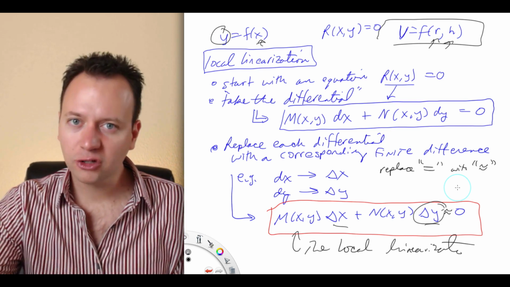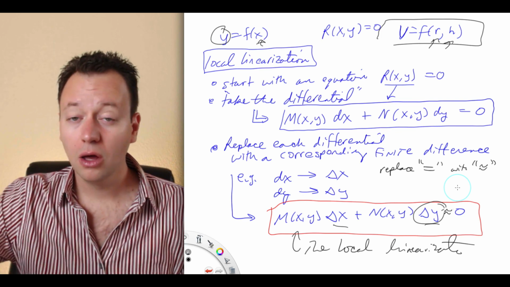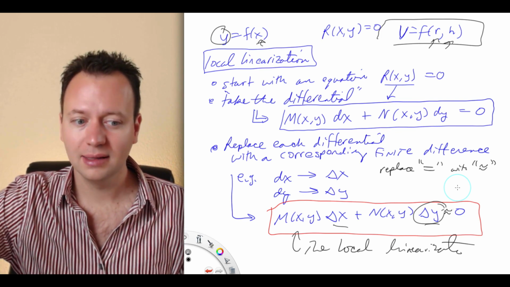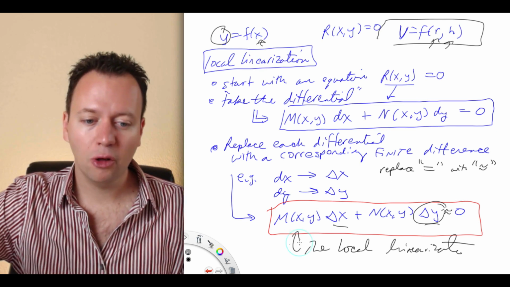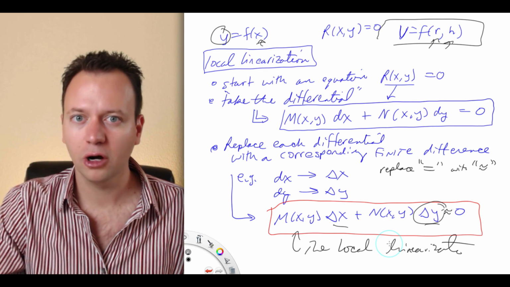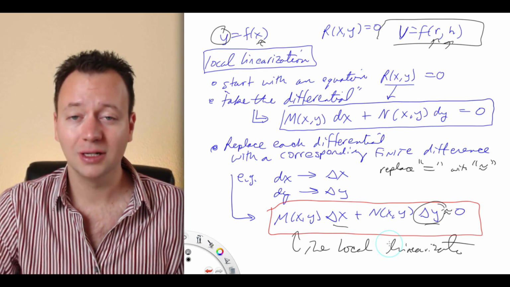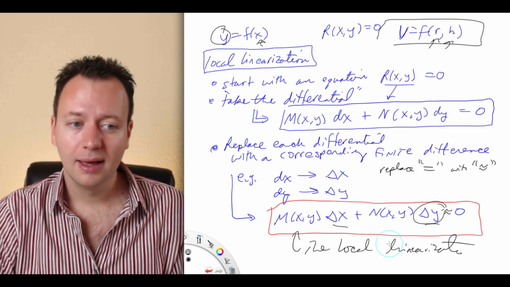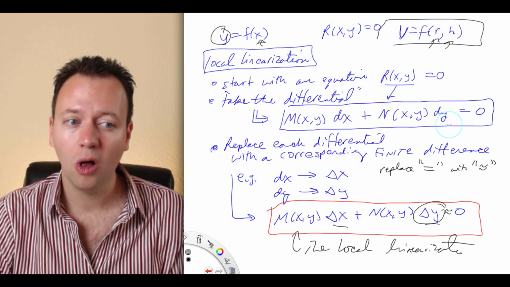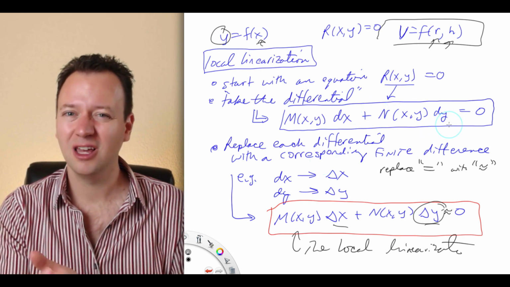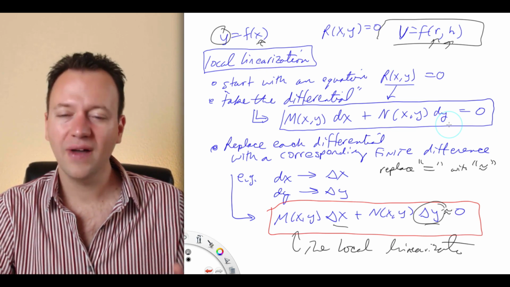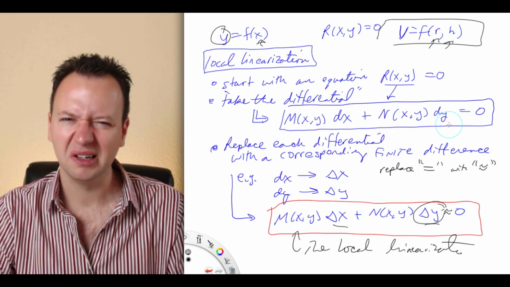So if x changes by 0.3, the exact value of the change in y is delta y. But what the local linearization does is approximate the change in the y variable by knowing the change in the x variable. So that's why, when dx and dy are not infinitesimally small, this no longer holds as an equality. It becomes an approximation, and it's valid as long as delta x is small enough.